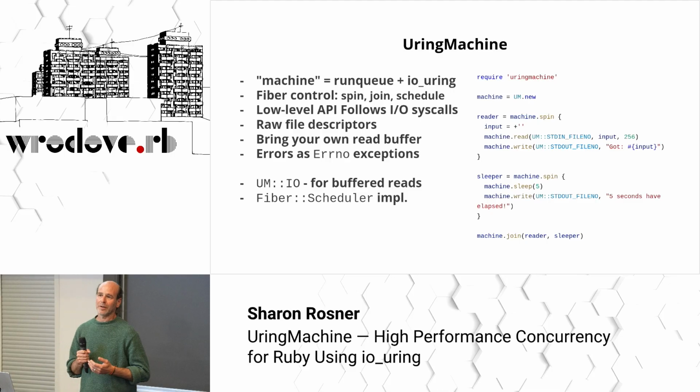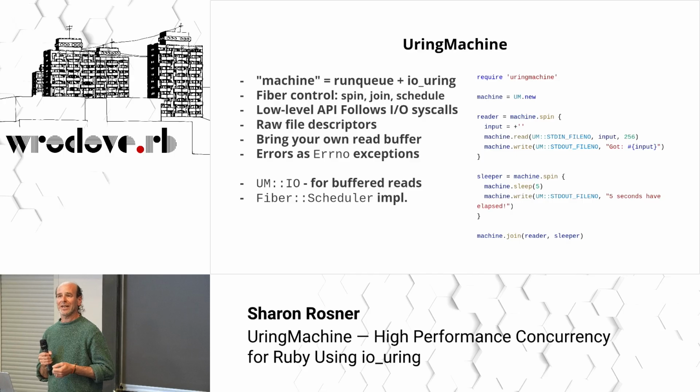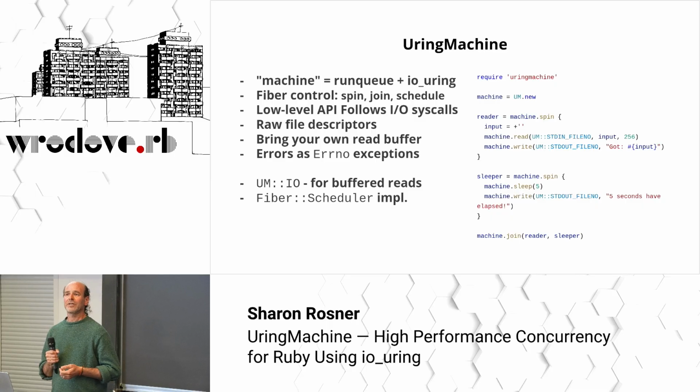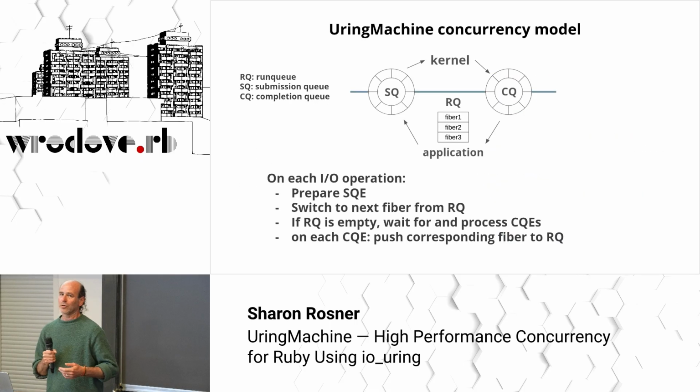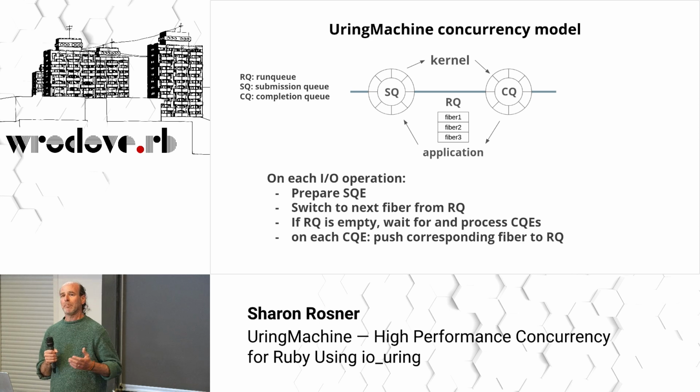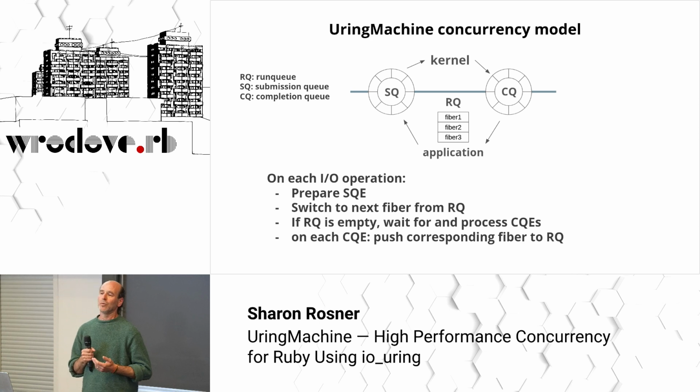UringMachine also includes some higher level abstractions over this low level API, namely the UringMachine IO class, which does buffered reads, which we'll discuss later, and also a fiber scheduler implementation that we'll also look at. So to recap, the UringMachine concurrency model combines the idea of a run queue with the IO-Uring submission queue and completion queue.